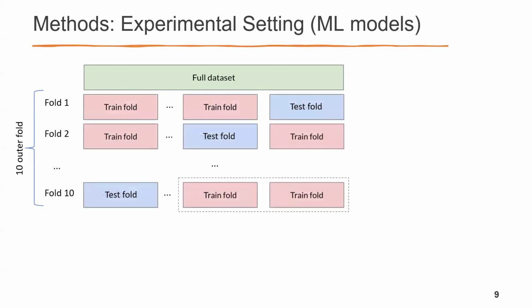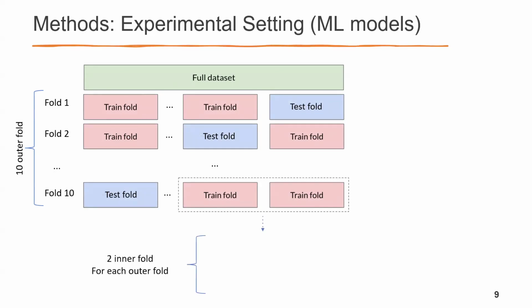And here I will talk about more detailed experiment settings for our machine learning models, GBT and logistic regression. We use 10 by 2 nested cross validation. The full dataset is divided into 10 folds. Each fold will be the test part for the model.